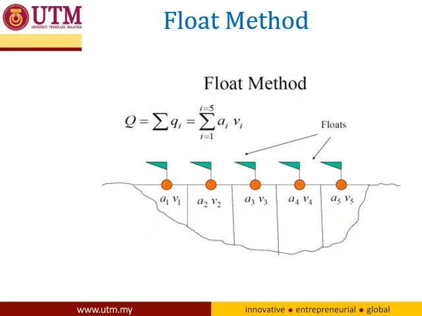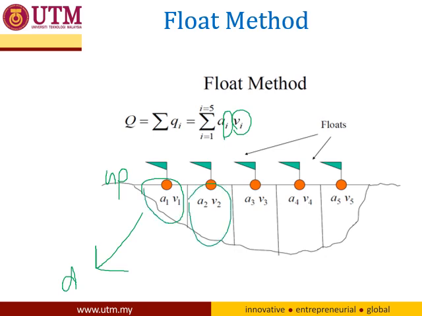Then we may get the Q, using the velocity and the cross section area. You need to imagine it this way: let's say this is the upstream point. Remember the upstream. You release the float and it goes through the stream to the downstream. So you may estimate this cross section area.